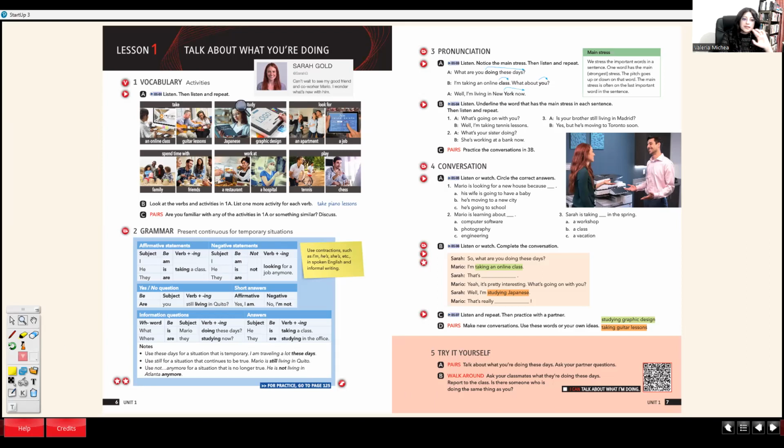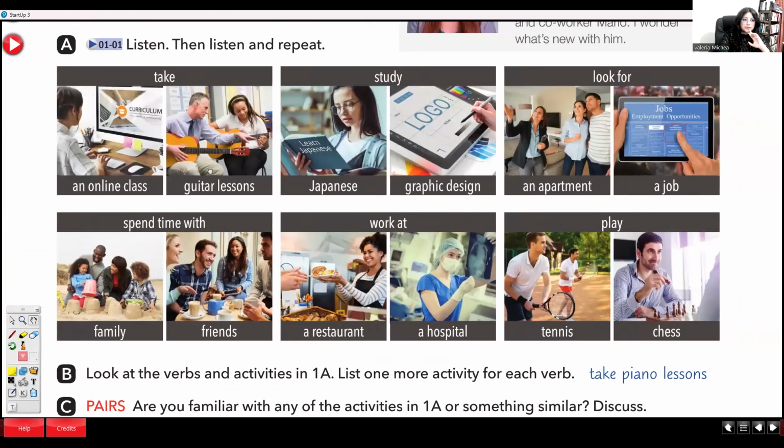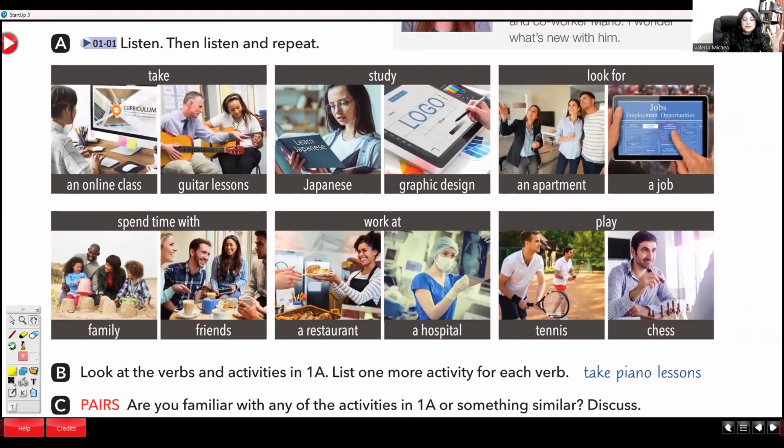Let's start with the vocabulary section, which is related to different activities that we can do in our free time or when we're working, etc. I'm going to have you listen first to the pronunciation. Maybe that's useful for you. Let me share my sound, and then we'll go through the meaning of these words.